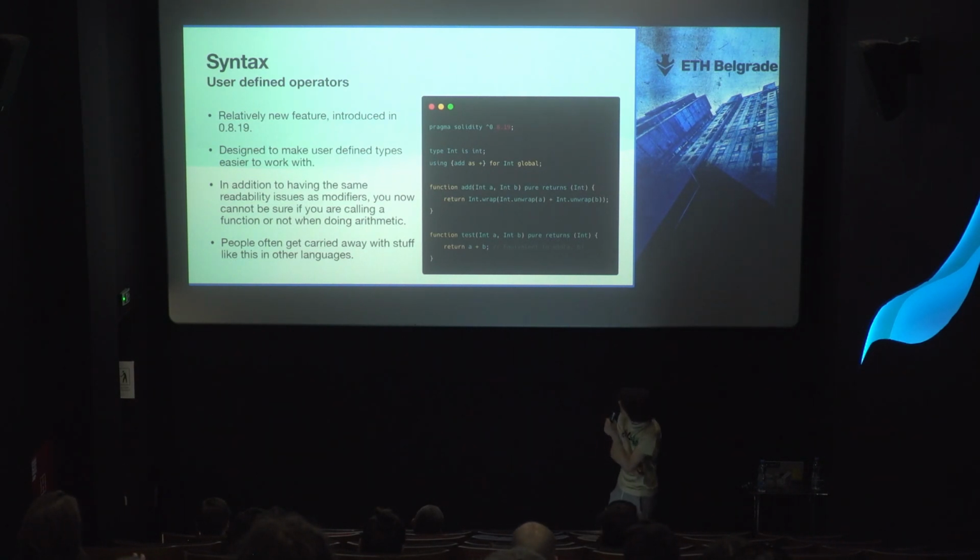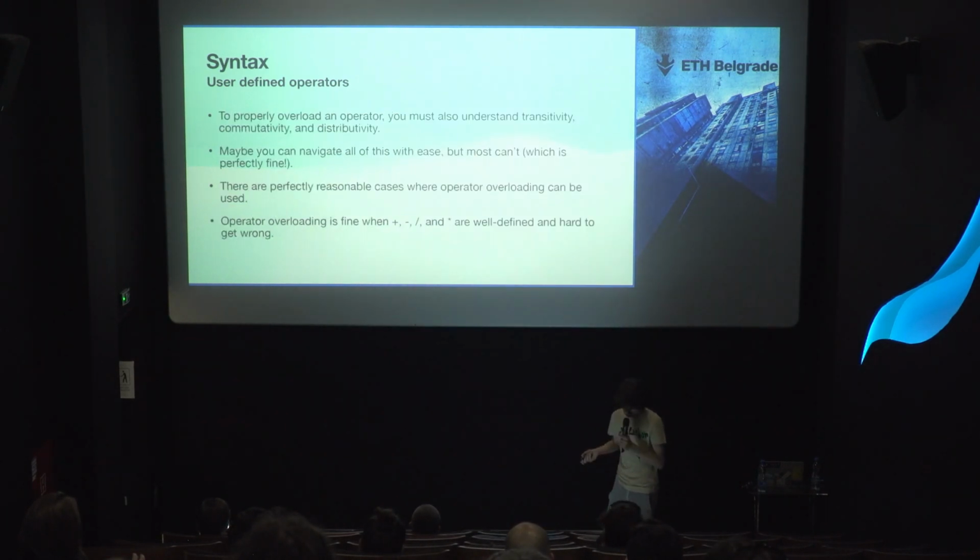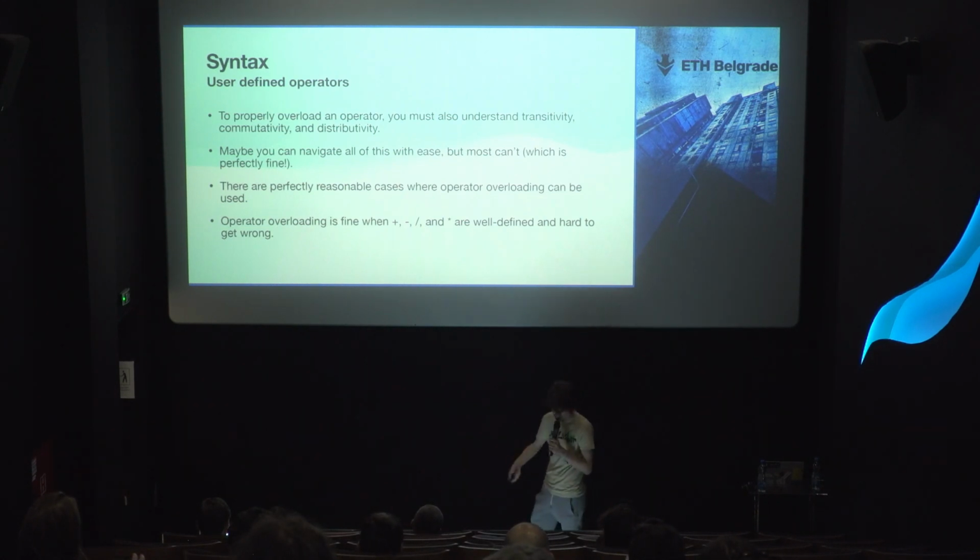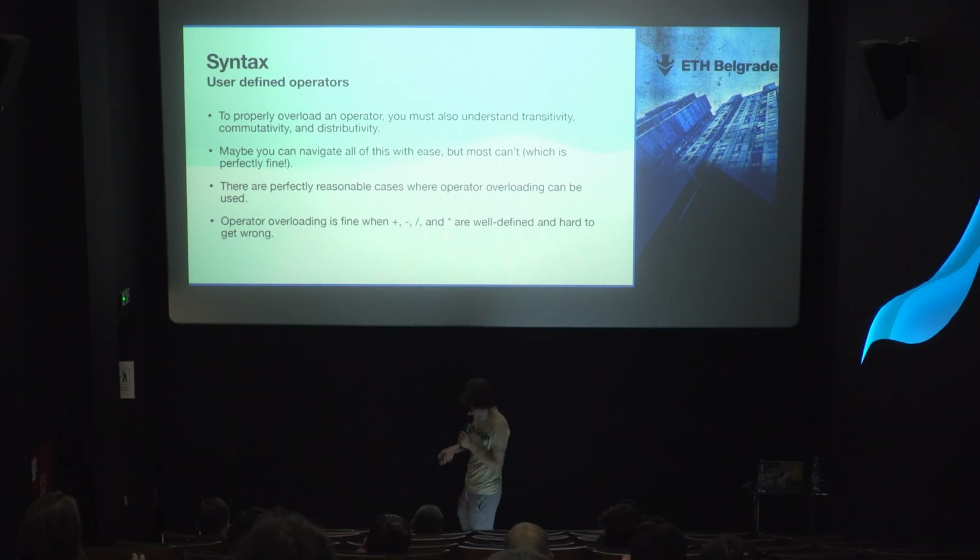So we've seen from other languages how people get carried away with stuff like this. And it's not something that should be happening in a smart contract programming language that should be readable. To properly overload an operator, you must understand transitivity, commutativity, and distributivity.